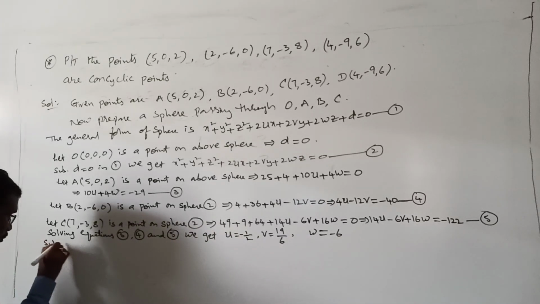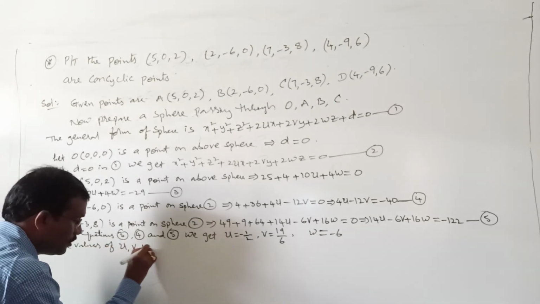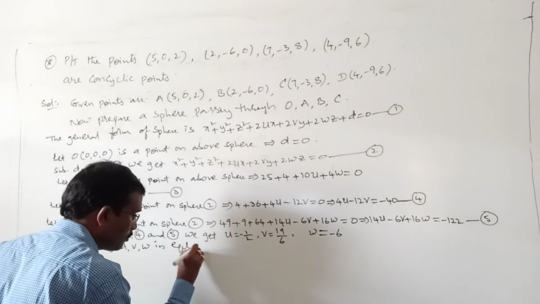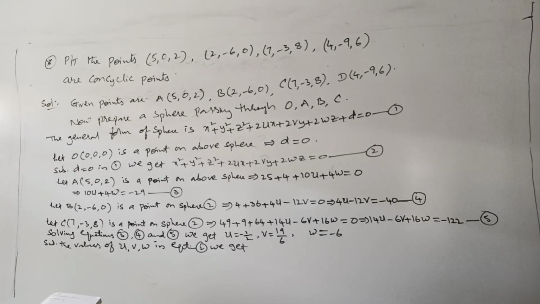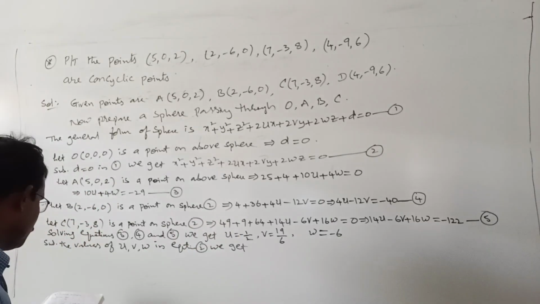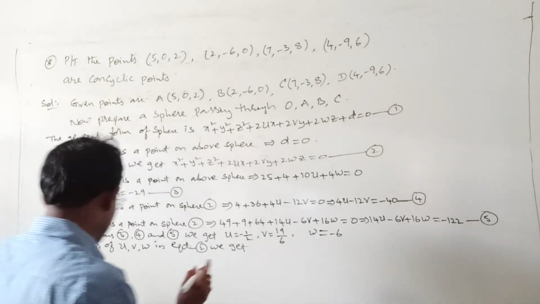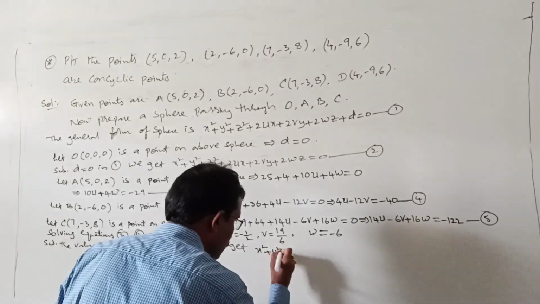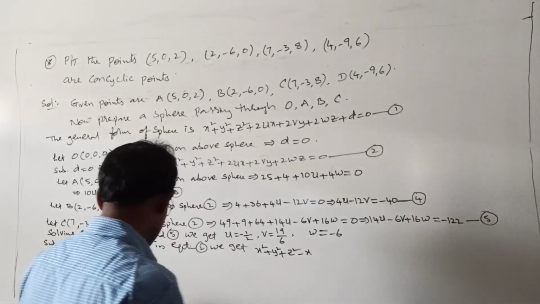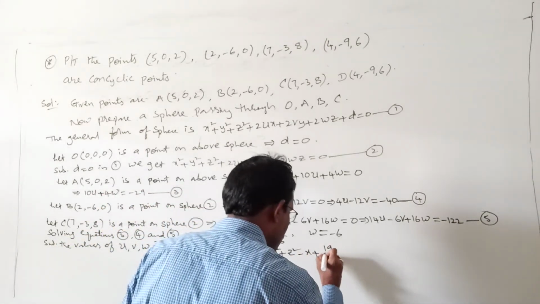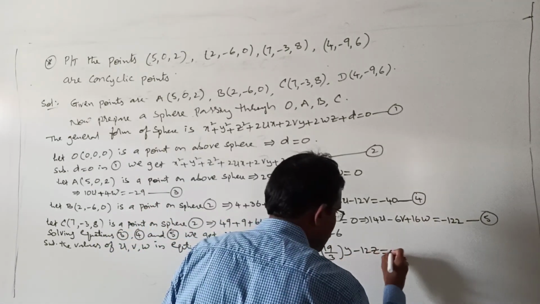After getting u, v, w, substitute them in equation number 2. Substituting the values of u, v and w in equation 2, we get, I am writing the simplified expression directly, but substitute them and simplify it, you get an expression like this. x square plus y square plus z square minus x plus 19 by 3 into y minus 12z is equal to 0.